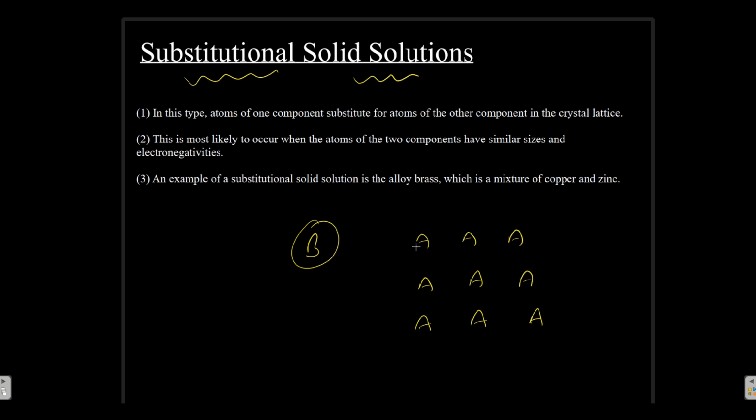Suppose the atomic radii of these two are almost comparable. Then what will happen? If we mix it over here or bombard it over here, it will just replace one of the crystal lattice atoms, that is A, and eject it out, and in that place it will situate itself. That means B will come over here.